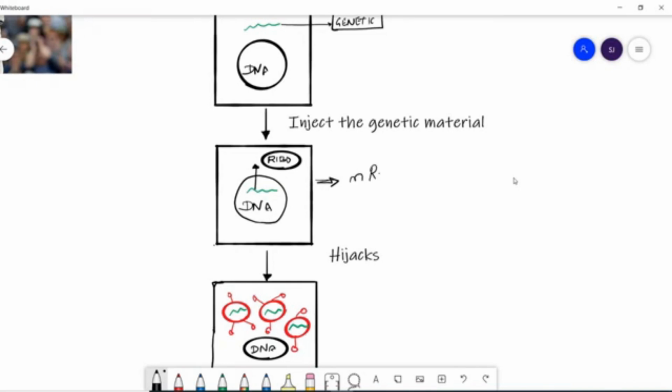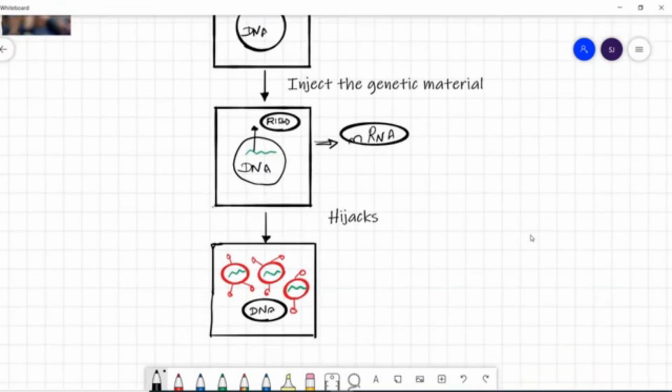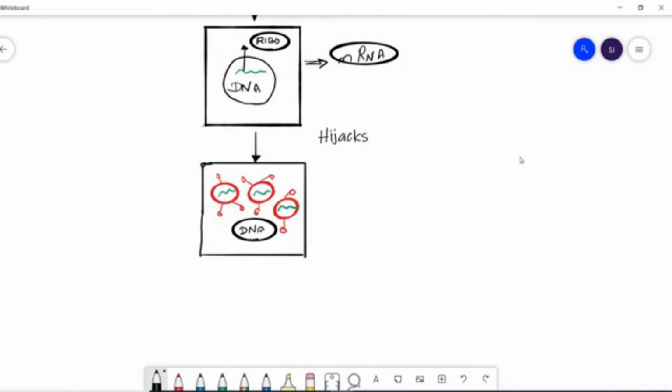The same messenger RNA, your messenger RNA, will now be used by this virus to make proteins for itself. So what it does is hijack your cell.